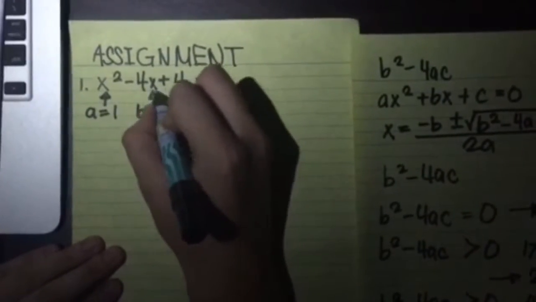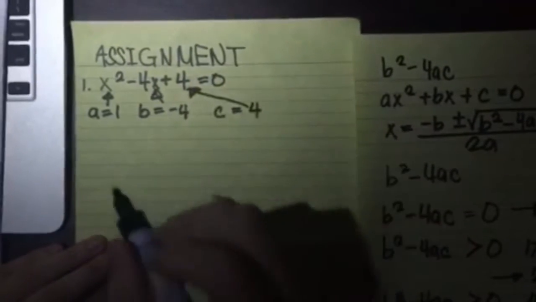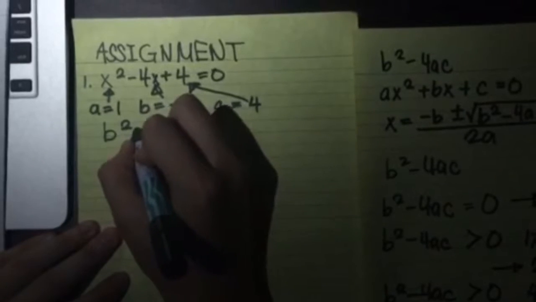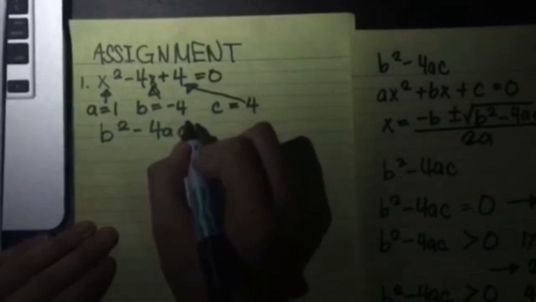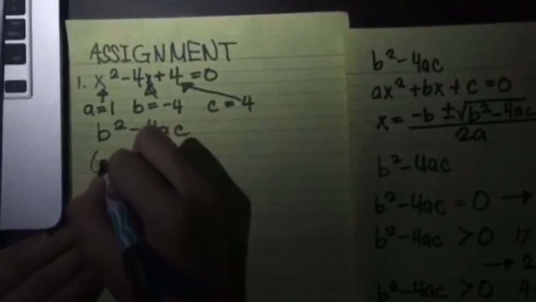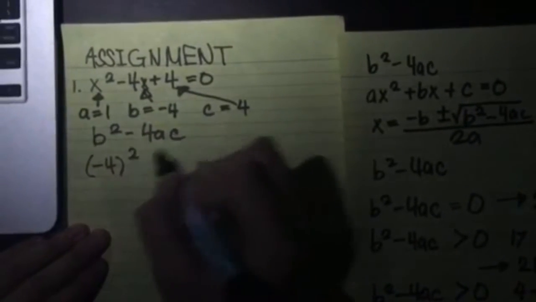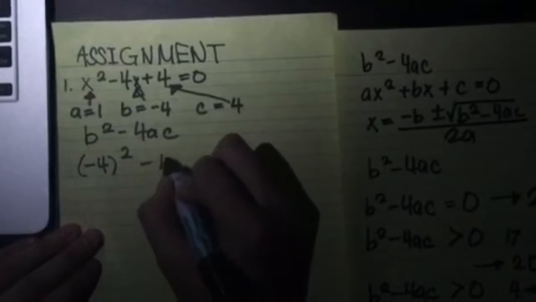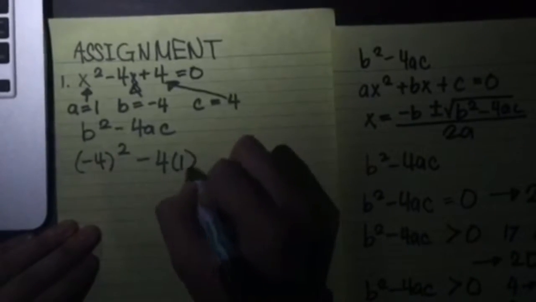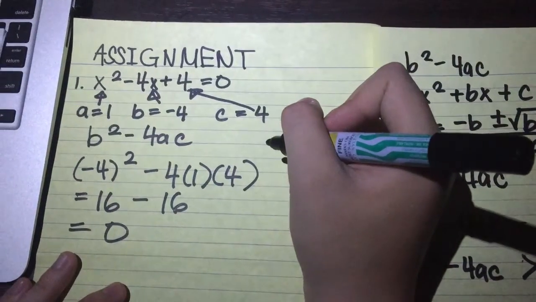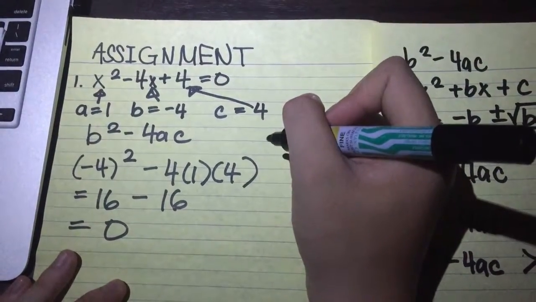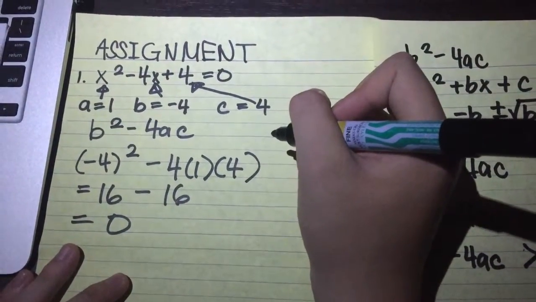Using the discriminant b squared minus 4ac, that's negative 4 squared minus 4 times 1 times 4.